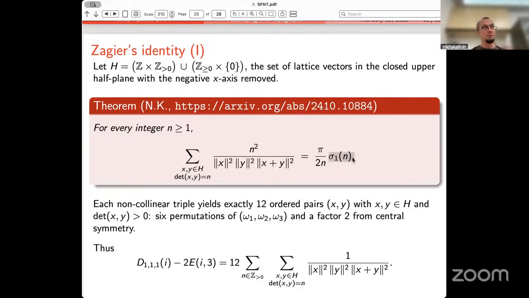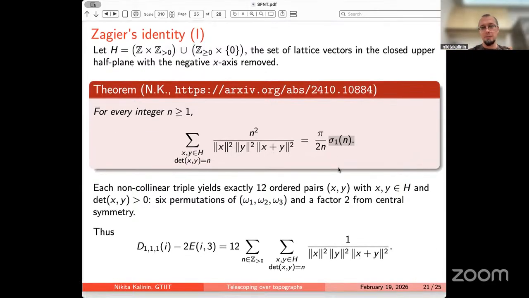You choose the vector (0,d), and then the second vector has n divided by d choices. Then for each such lattice, you have the same consideration of parallelograms and the same telescoping, but the constant will be different. Here you have n squared, and here you have pi by 2n. But at the end, it's just the same computation.